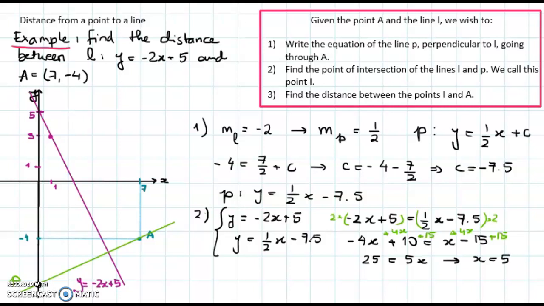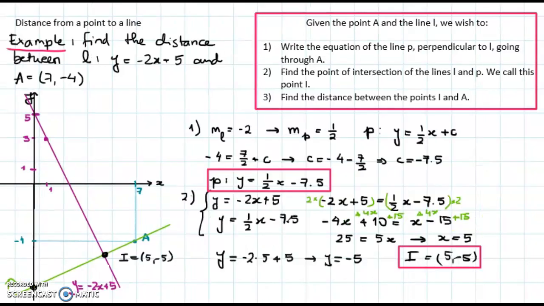Once we find the value of x, we can also find the value of y by substituting in any of our equations. I'll pick the first equation so we don't have denominators. So y is going to be -2 times 5 plus 5, which means that y is equal to -5. So our point I has coordinates 5, -5, and that matches what we could see from the picture.